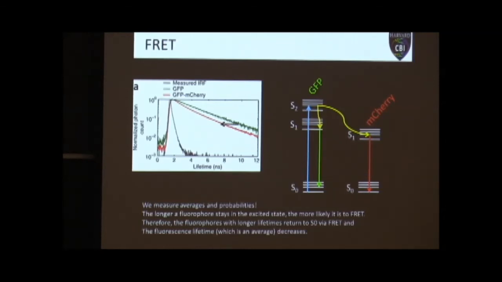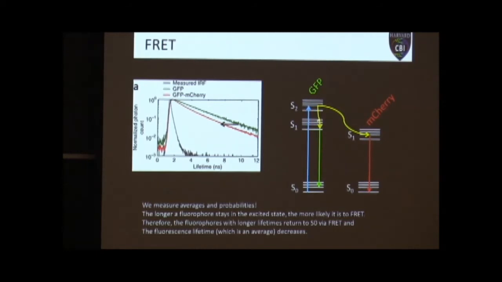So the thing that you have to keep in mind is that we're always measuring averages and probabilities. Okay? So I told you earlier that the lifetime that we measure is the average lifetime. Each excited electron spends different amounts of time in that excited state.